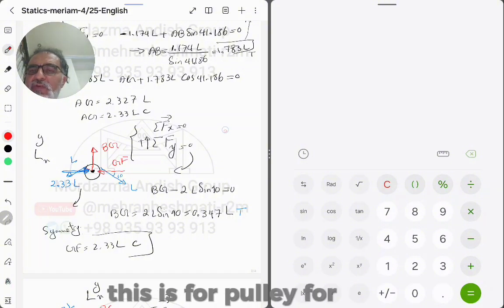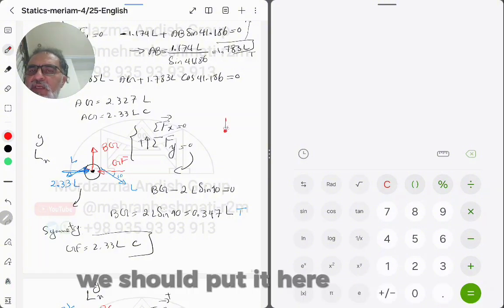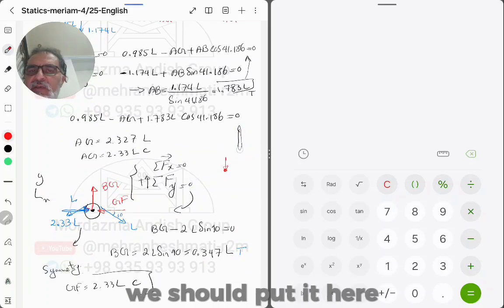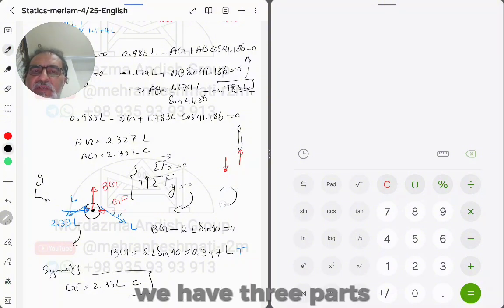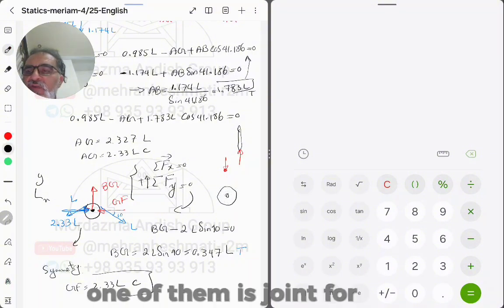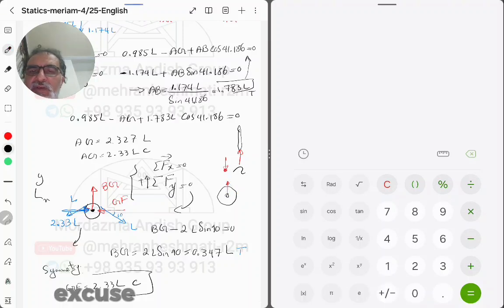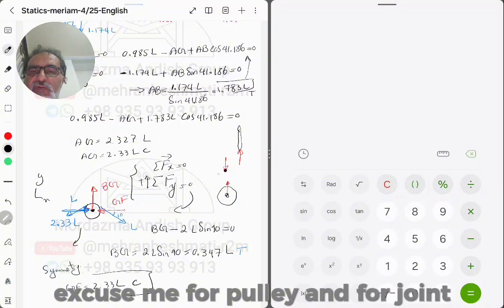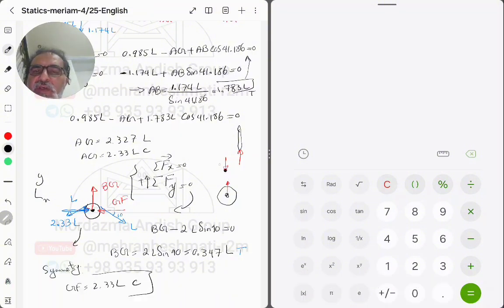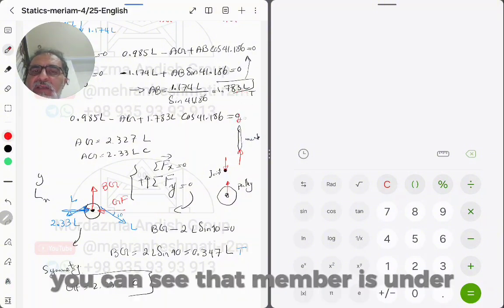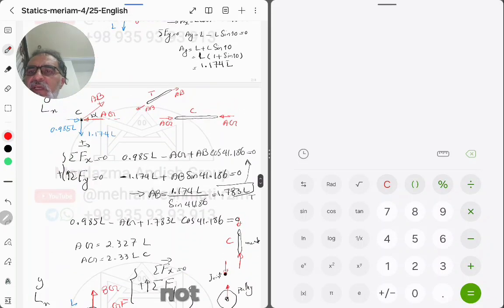This is for pulley. For joint, we should put it here, and for member, we should put it here. We have three parts. One of them is joint. For joint, we should consider the reaction force. This is for joint. This is for pulley. And this is for member. And you can see that member is under compression, not tension.